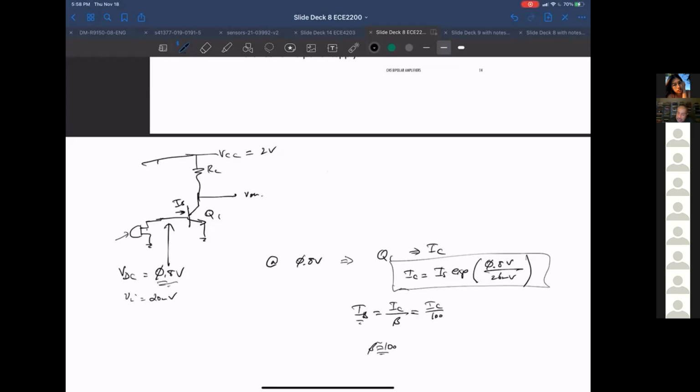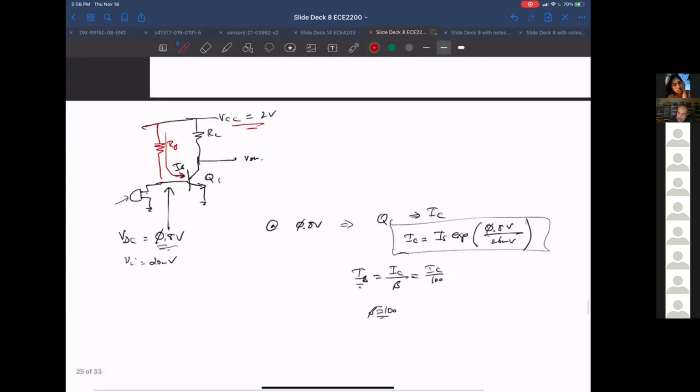So this leads me to think, if I wasn't thinking about this too clearly, that maybe what I can do is use this I sub B to create a bias. What if I put a resistor here, and this I sub B is going to flow through this resistor into the base, so that way I'm going to get a voltage drop. Let's say VCC is 2 volts.